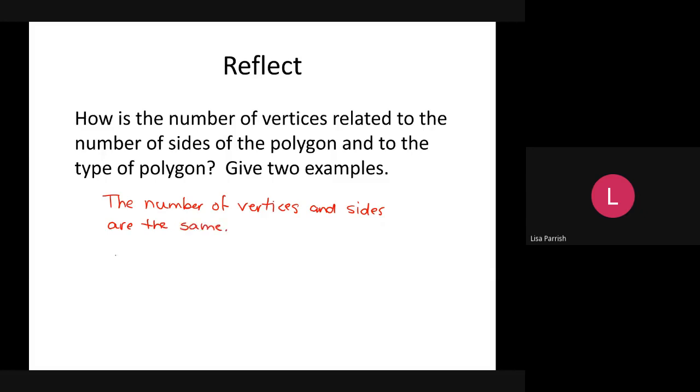Okay, 2 examples. We could even use a triangle, which has 3, and we can do the octagon that we just talked about. You can do any 2 shapes you want. I'm just going to do those. So the number of vertices is the same as the number of sides. So you can pick any two shapes you want. So pause this and fill that in your notes.